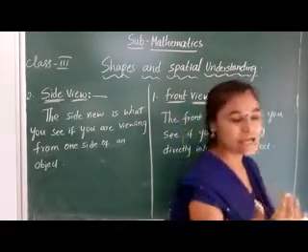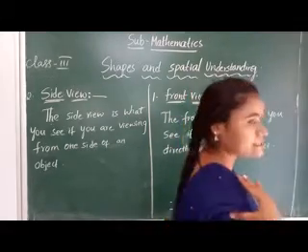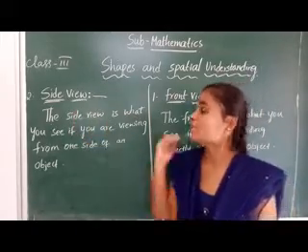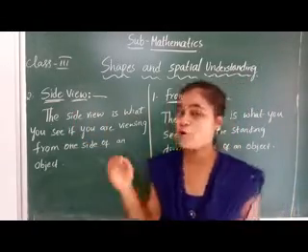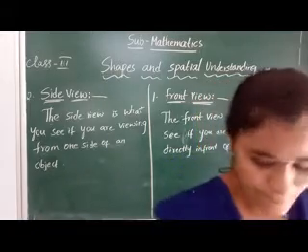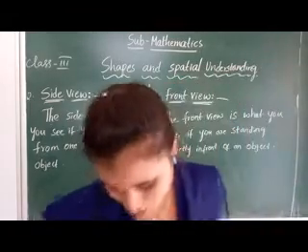Suppose I stand like this, you will see my side view like this. So the side view is what you see if you are viewing from one side of an object. Next one is top view.